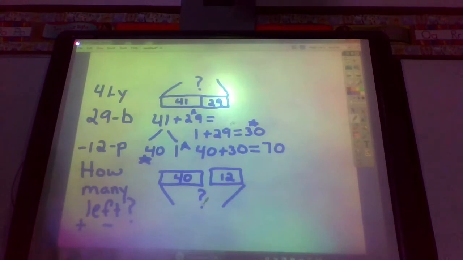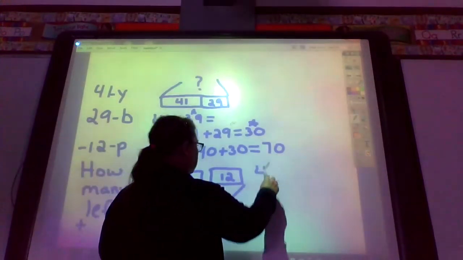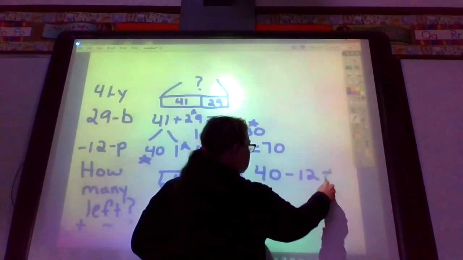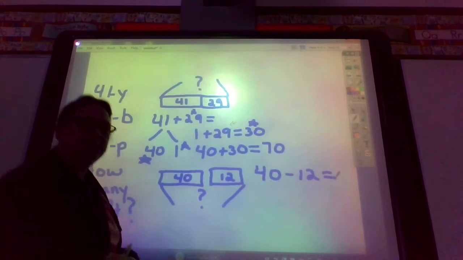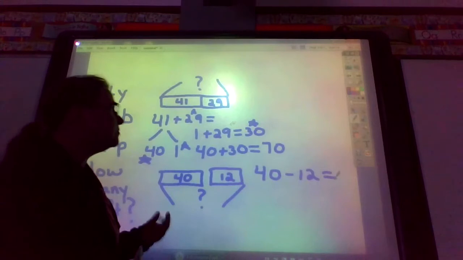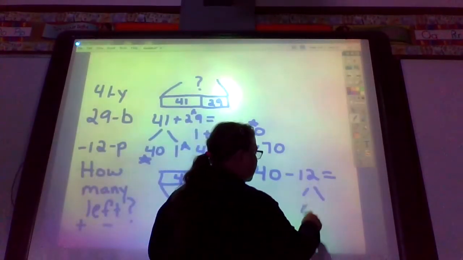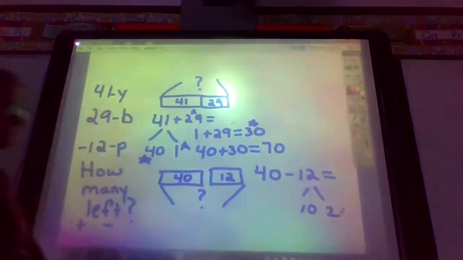Now I'm going to subtract. Okay. I'm looking at my problems. I'm going to have 70 minus 12. Well, I know it's easier to subtract tens. So I'm going to pull out 10 from here, and then I have 2 left.